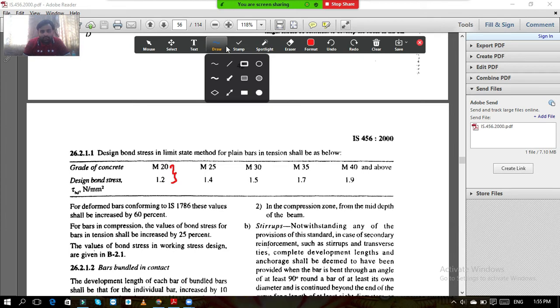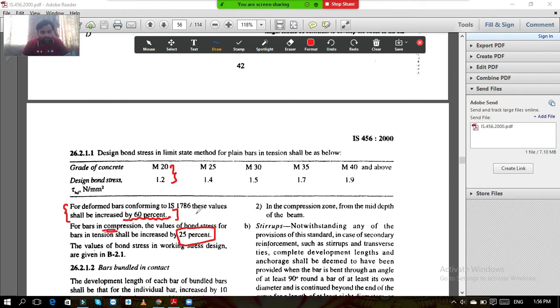Okay, if you see, for deformed bars conforming to IS 1786, these values shall be increased by 60%. Okay, and for bars in compression, the value of the bond stress for bars in tension shall be increased by 25%.